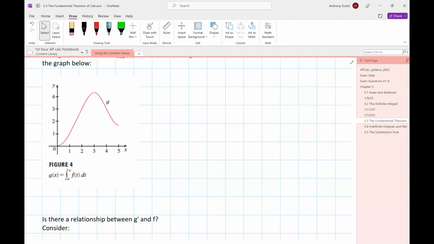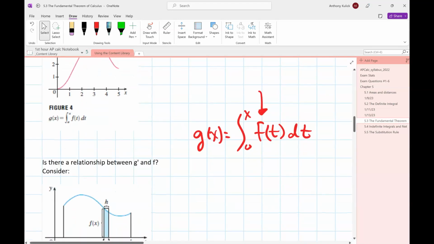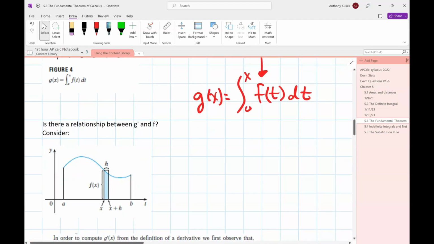And what I want to do is look at what the derivative of g is going to look like, and what that means in relationship to f. Remember that we described g of x as that function, right? So g prime is like the rate of change of its area. So let's look at that.